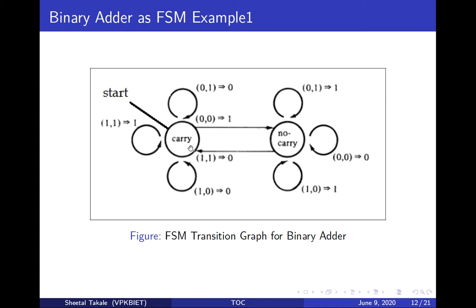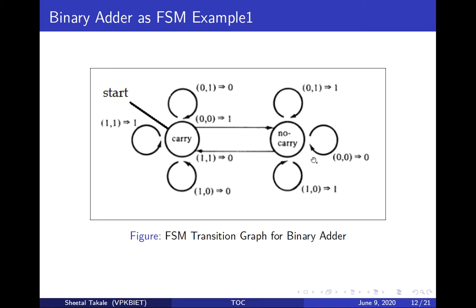So carry state and no carry state. When it is in the carry state and the input is 0 0, the output will be 1 and it will go to the no carry state.